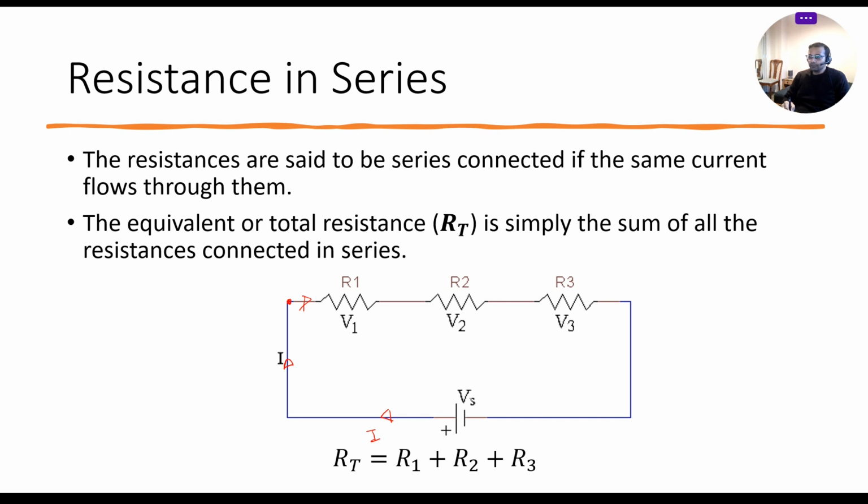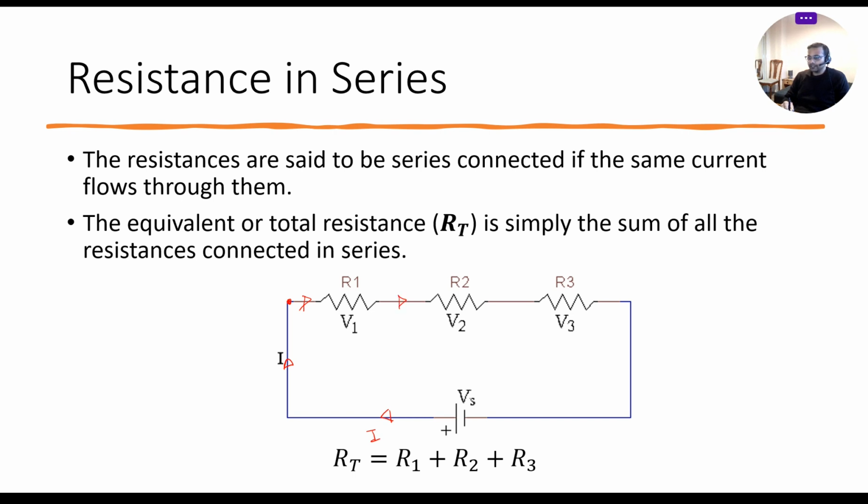Similarly, after flowing through R1, again the current has no other path, right? If, for example, we had another path here, then some current could flow in this direction and the remaining would flow through resistance R2. But in this case, we don't have another path.